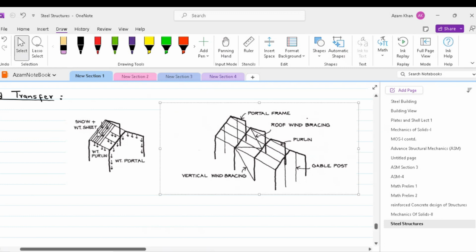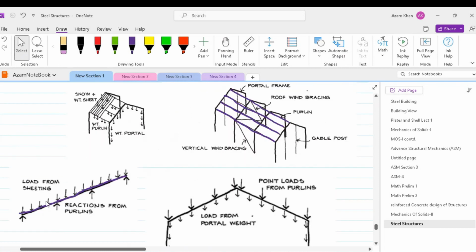That load can also contribute to the vertical load. So, snow plus the sheeting load will be transferred to the longitudinal purlins. And from these purlins, the load will be distributed among the portal frames.